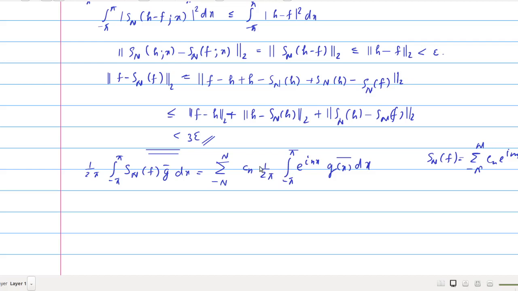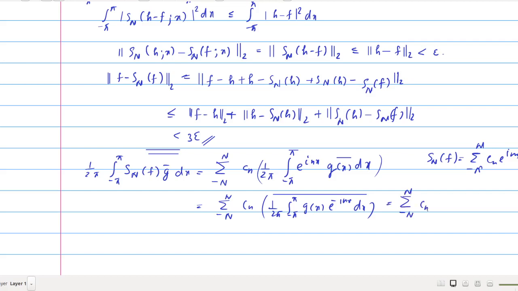Okay, and we can write this as the right hand side. When you observe the right hand side, that will give the conjugate of the Fourier coefficient of g, because this can be written as the summation from minus n to n of Cn times 1 by 2 pi integral from minus pi to pi of g of x e power minus i n x, whole conjugate. When you write it like this, the bracket is gamma n, so this is gamma n conjugate, because that is the Fourier coefficient of g.